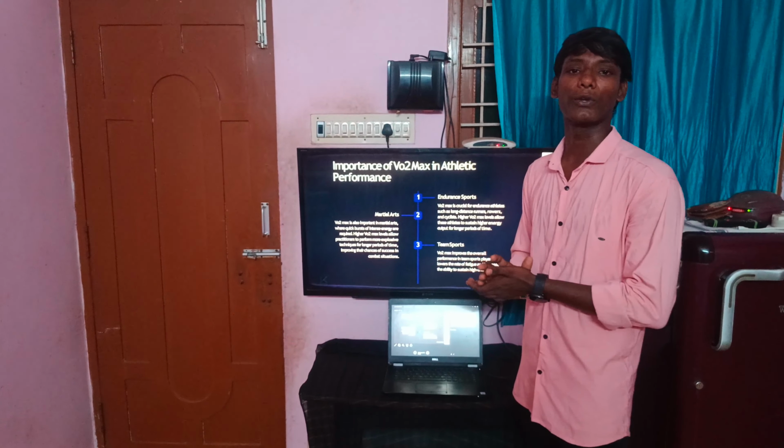So as we see, this is a low intensity training period. This graph indicates the oxygen level consumed by an individual during low intensity training. As we see, this is the rest period, the exercise period and the recovery period.